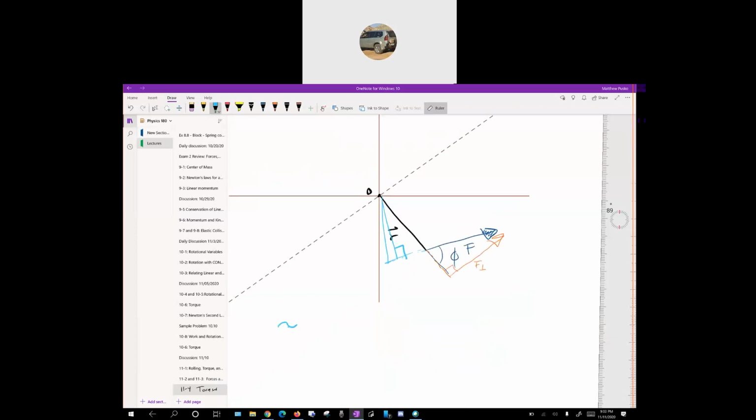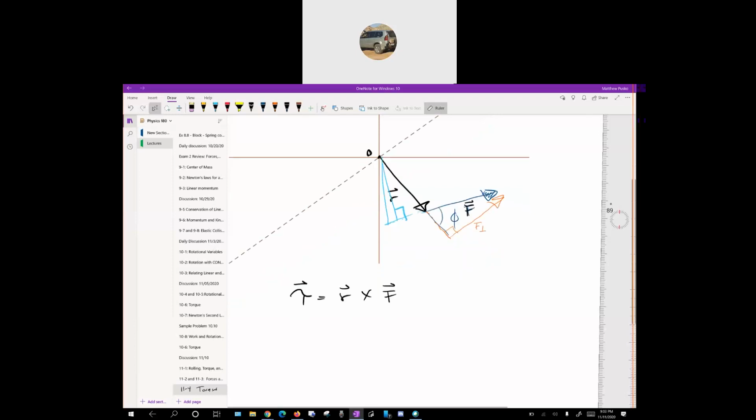Let's say, what about if it's a vector? Torque is a vector quantity, and it's equal to the position vector R, right here, crossed into this force F, which is now a vector. This reduced to the non-vector quantity torque is equal to R F sine theta, or R sine theta F. We got both of those definitions in a different manner, right?